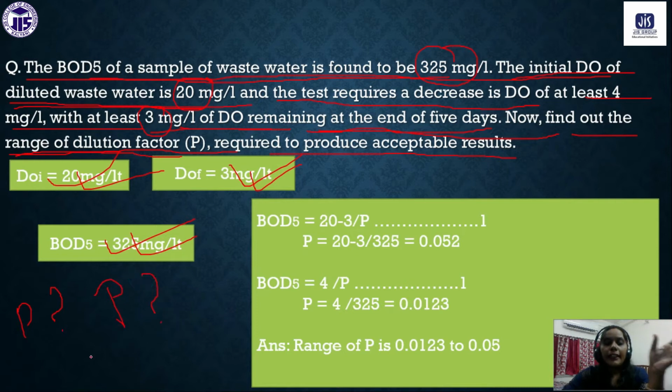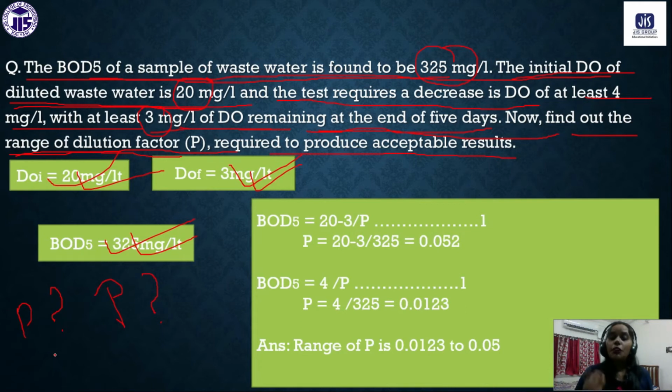Consider, if one value is 2 and the second value is 4, what is the range? That is 2 to 4. So when you have a question about the range of dilution factor, that means the range of BOD.